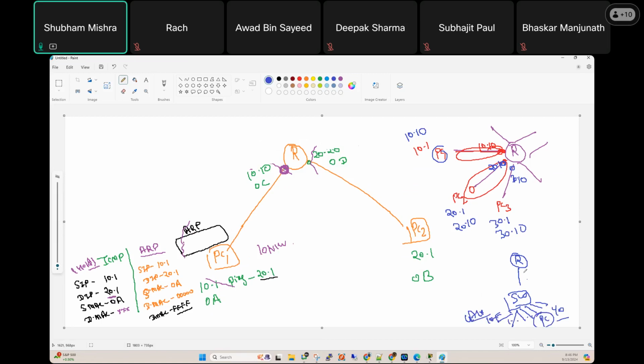Getting my point? And let's suppose here you assign 10.100. This is the IP address. So it means for every PC which is connected here, what is the default gateway? 10.100. Understand? I hope now you understand. Clear now?